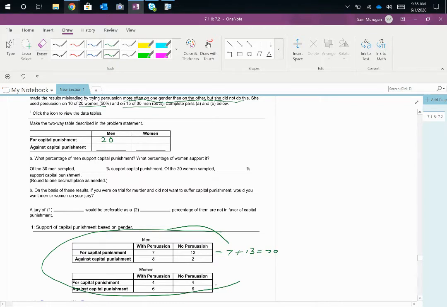And for capital punishment for women, equal to 4 plus 4, which is 8. Then against capital punishment, let's use a different color, 8 plus 2, which is 10 for men. And for women, it is 6 plus 6, which is 12.